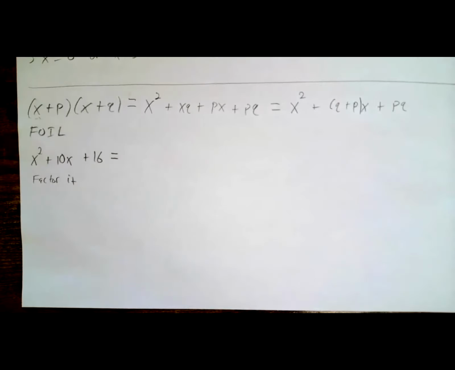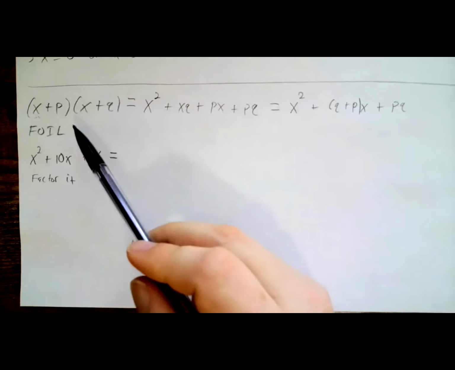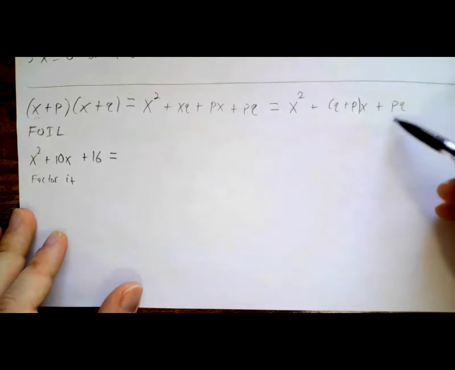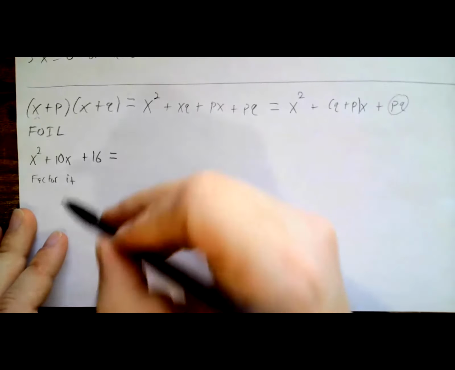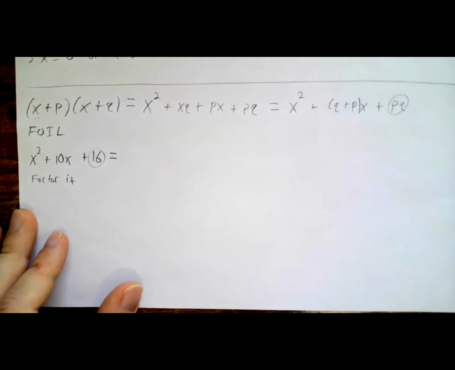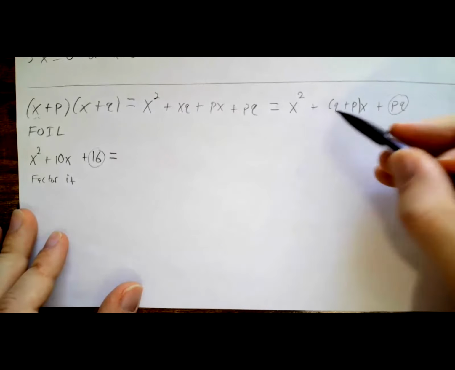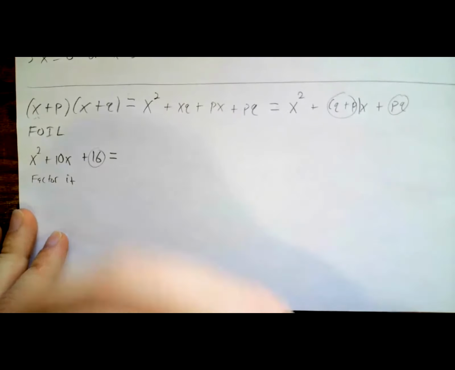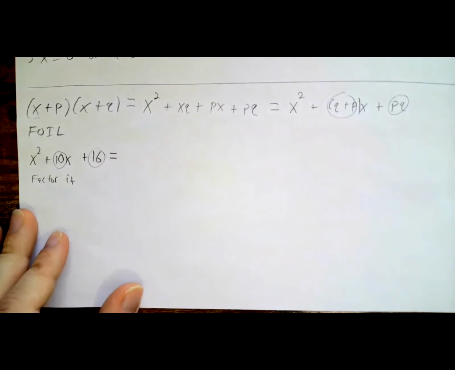And the key to doing this is to say, look, in general, we multiplied this out and we found out that p times q is going to have to be 16. And we found out that p plus q, it's written q plus p there, but it's the same thing as p plus q, that's equal to 10.